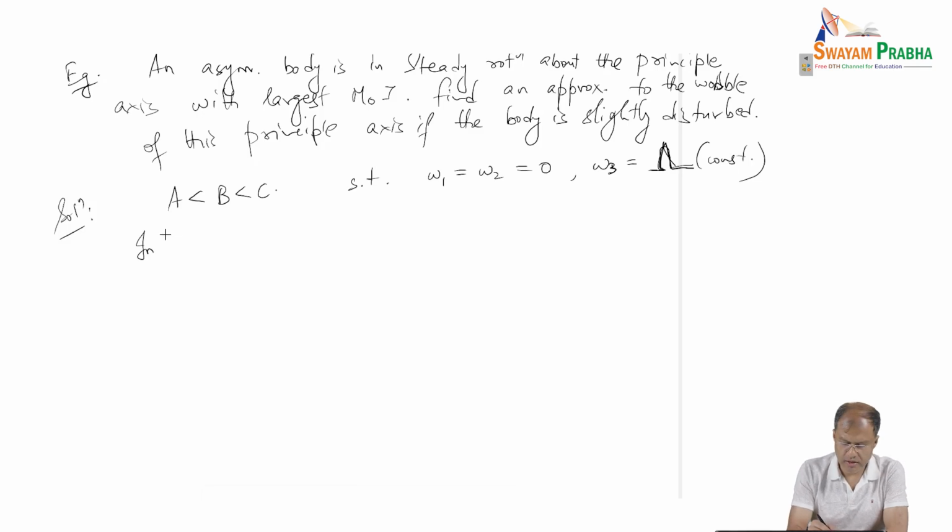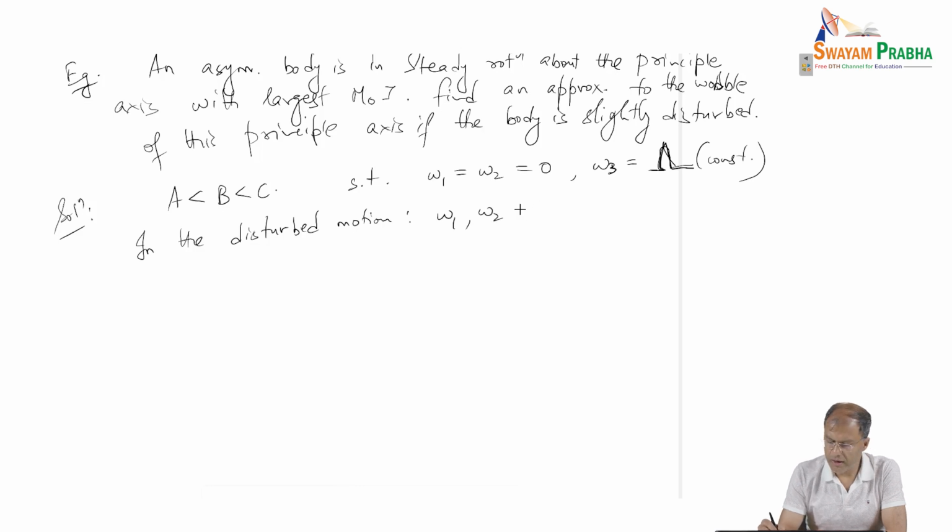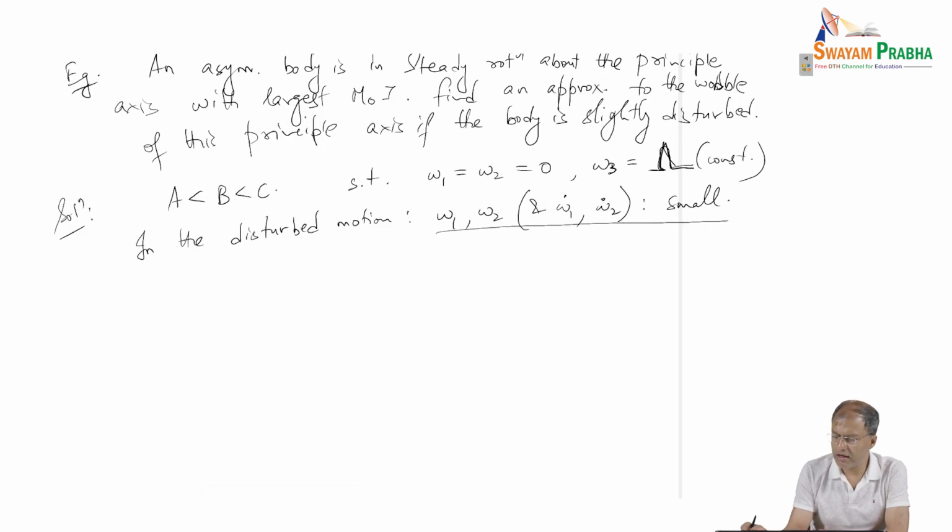In the disturbed motion, omega 1 and omega 2, and of course their time derivatives omega 1 dot and omega 2 dot, are small. So when we perturb the system, we expect a small variation about the x1 and x2 axes, or the so-called wobble. So we linearize Euler's equations accordingly with these small variations in omega 1 and omega 2.